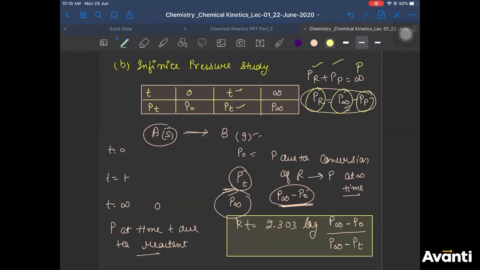So the pressure of reactant at T equal to 0 will be P infinity minus P naught. At time T, the pressure of reactant will be P infinity minus the pressure of product at time T, that is PT. So the initial pressure over final pressure of reactant is P infinity minus P naught by P infinity minus PT. I hope it is clear now.